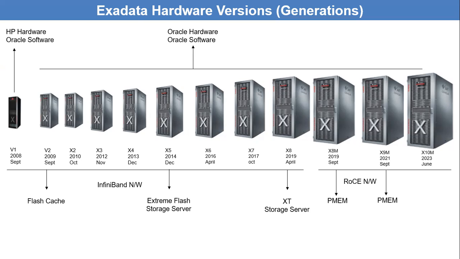And they used it for caching purpose. Apart from flash cache, we have another cache, persistent memory cache. Compared to flash cache, persistent memory cache is even faster. So in X8M version, X9M version, the data was cached in two layers, one in flash cache, another in persistent memory cache.